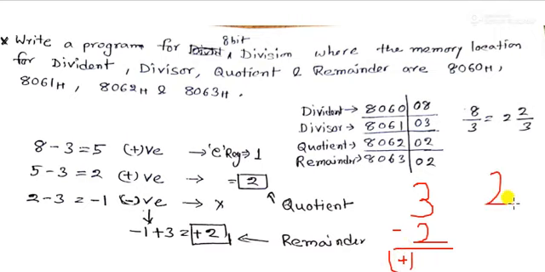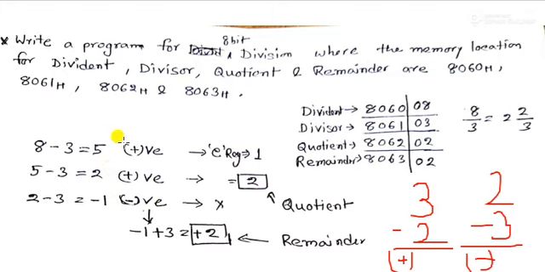If the number is 2 minus 3, the result will be negative. So there we check some flags to understand the positive and negative value. If the result is negative, that time we have to use the two's complement method. By these flags, we understand whether the number is positive or negative. So here we use the same logic to understand the positive and negative value.